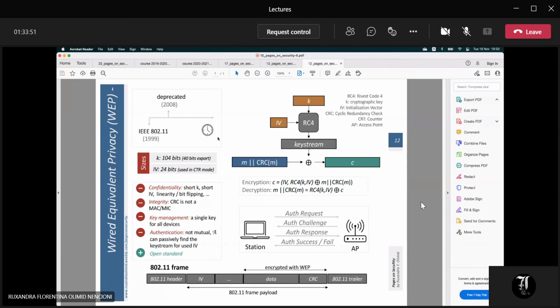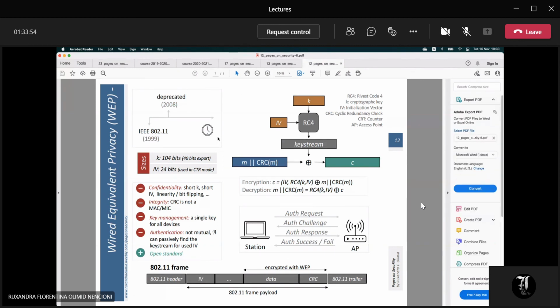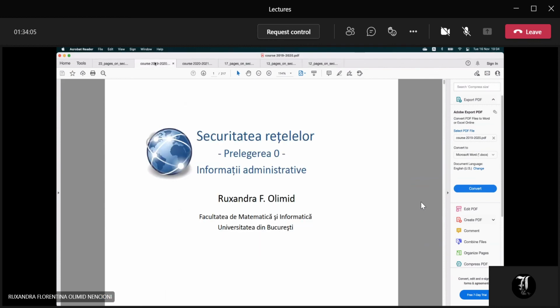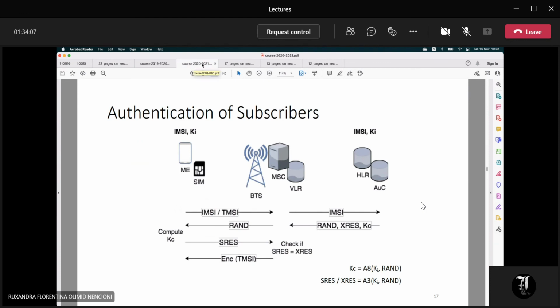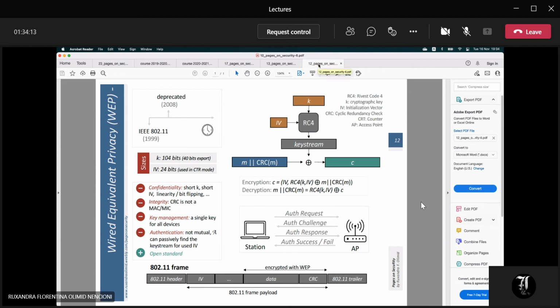Does it look like something here? What can this random be here? So I don't want something specific. I want the type of mechanism for authentication, let's say.